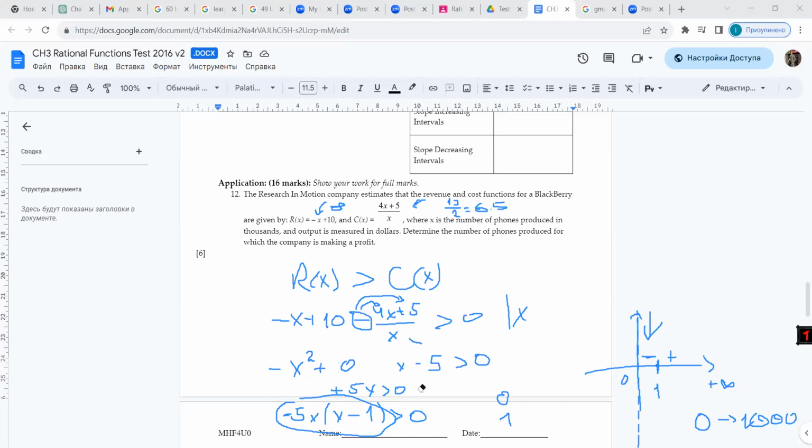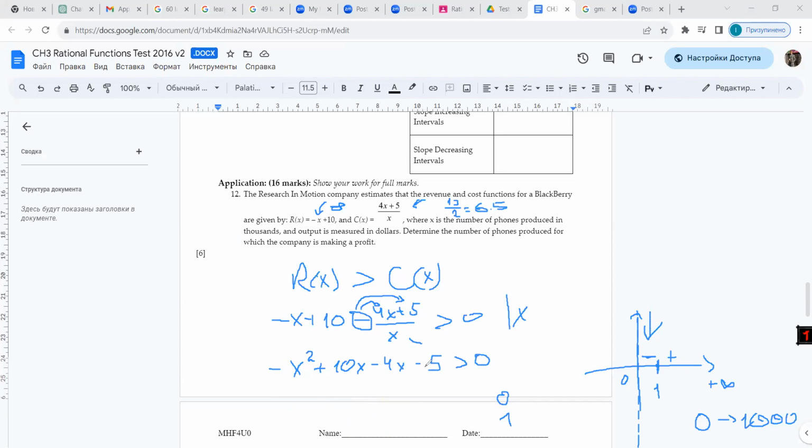Oh my gosh. You see how easy it is to make a silly mistake on a test. So it shouldn't be x squared, because I multiply by x, the denominator gets crossed out, the numerator is not changing. So x squared minus 5.